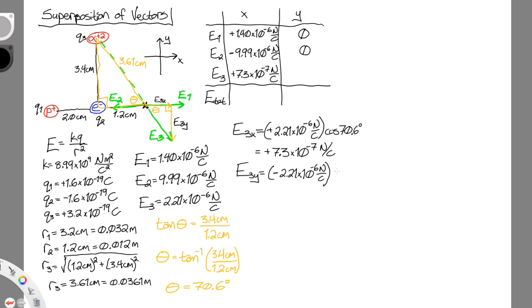And opposite goes with sine. And then that gives us a value of negative 2.08 times 10 to the negative 6th newtons per coulomb. And that can also go right in our table here.